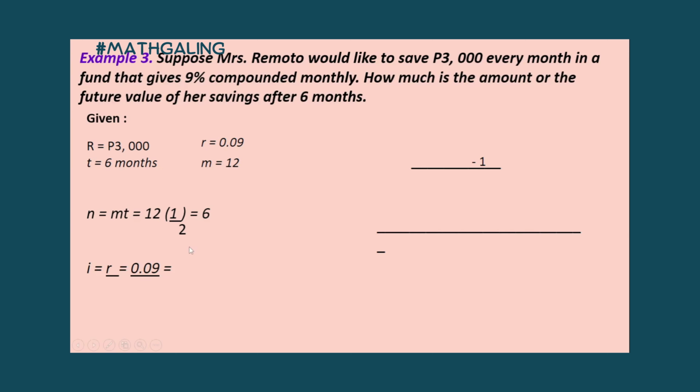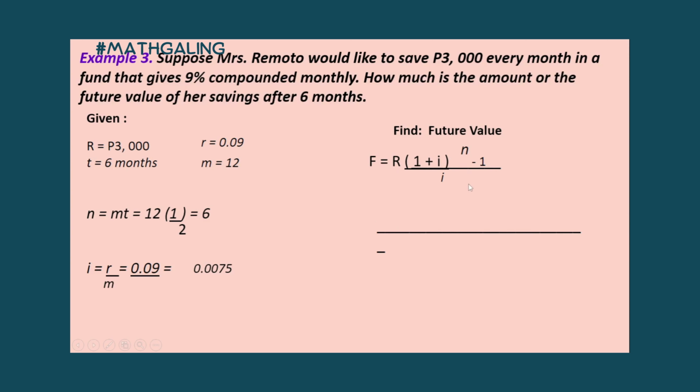So we're gonna get the interest by dividing the rate and the month. So 0.09 divided by 12 is equal to 0.0075. So find the future value. Let's find the future value by using the future value formula.